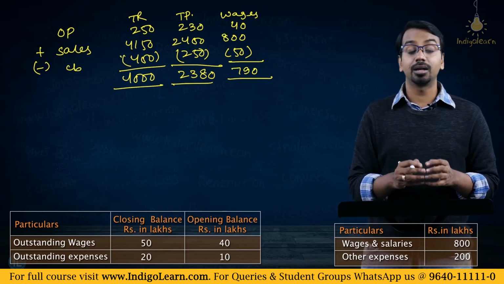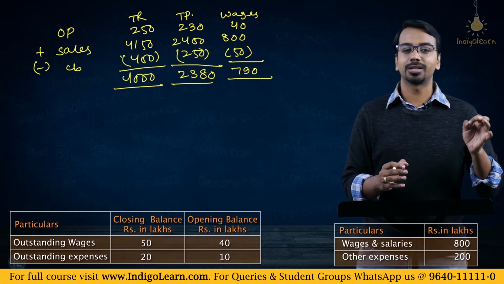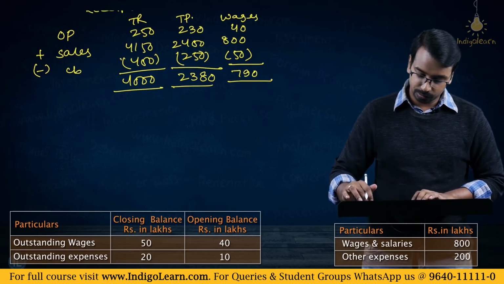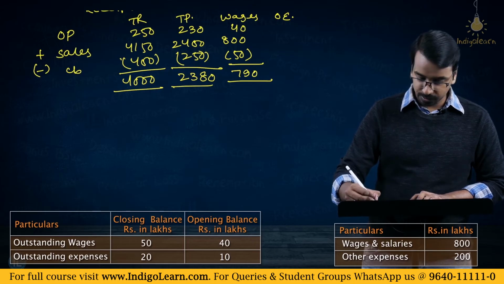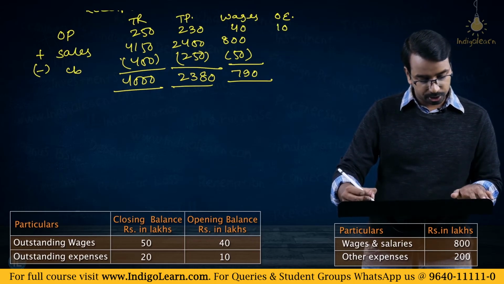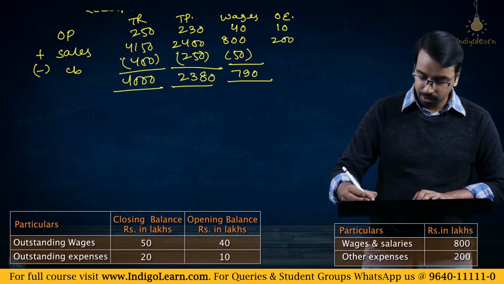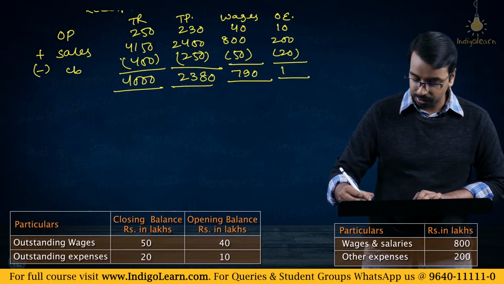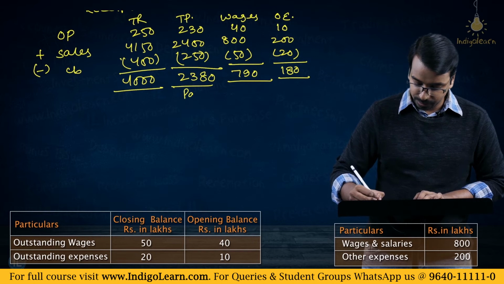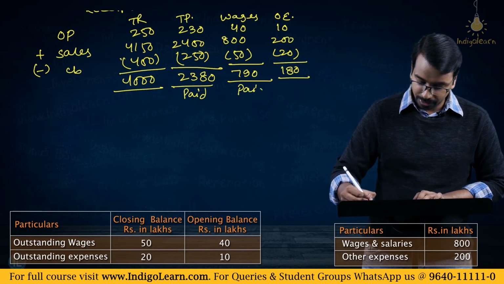In the same manner, I can compute the amount towards other expenses. Opening balance of other expenses payable 10, amount charged to P&L 200, closing balance of 20. So 10 plus 200, 210, minus 20 gives 190. This is what is paid.